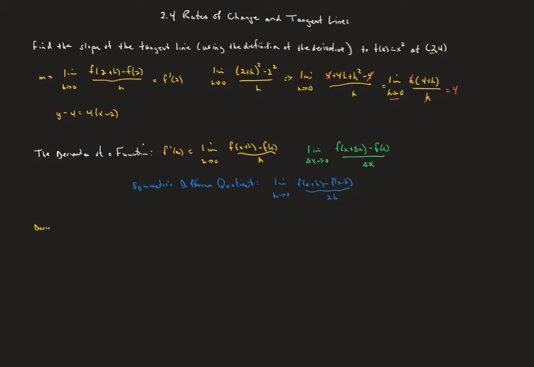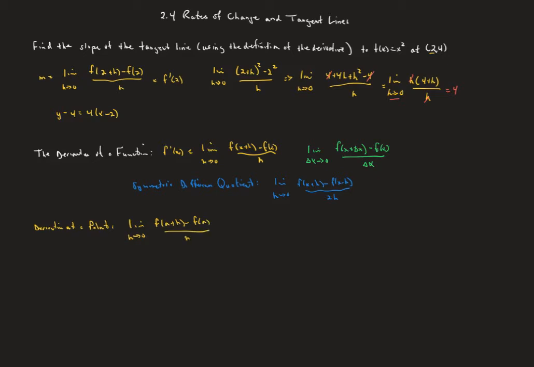So the derivative at a point: we saw one version of that, the one we just did with the limit as h goes to 0 of f of a plus h minus f of a, all over h.